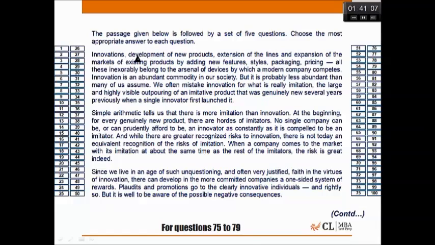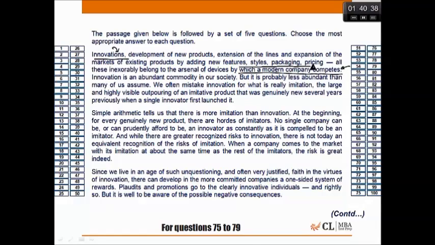Let's start. Innovations, development of new products, extension of the lines and expansion of the markets of existing products by adding new features, styles, packaging, pricing. All these inexorably belong to an arsenal of devices by which the modern company competes. So innovation is what the modern company competes on.